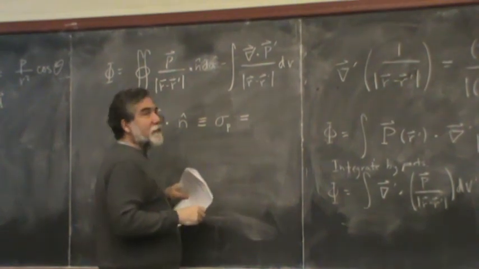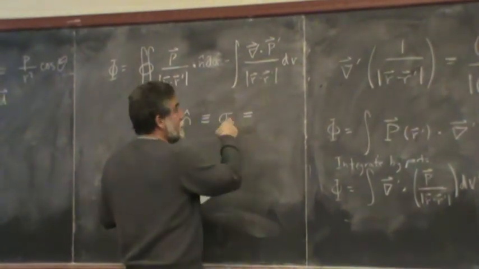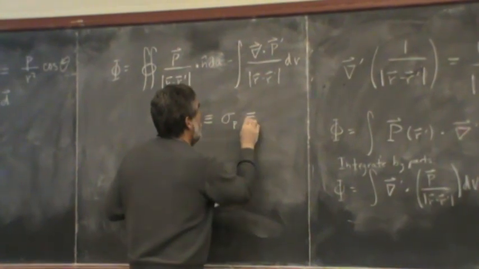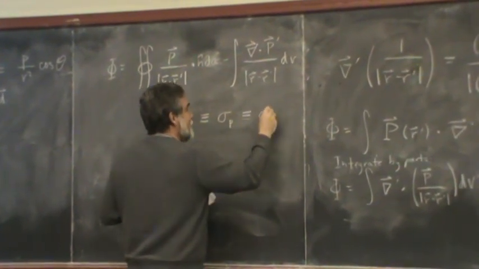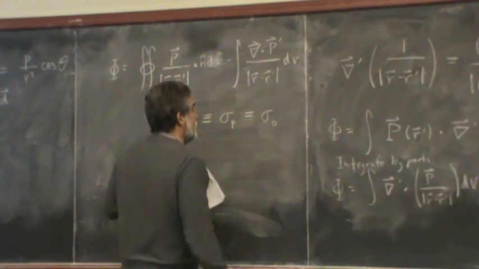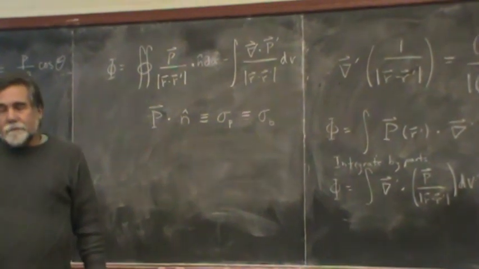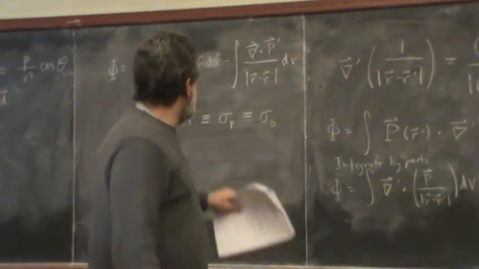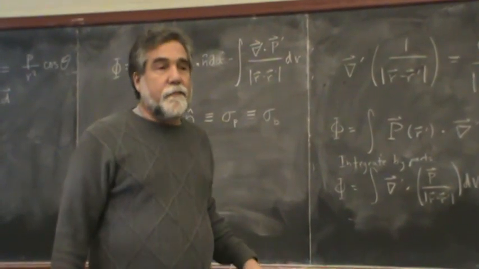But this is also a definition, and I don't know what symbol to use. Sigma sub b, which in the textbooks, and I too will refer to it, is called the bound charge.